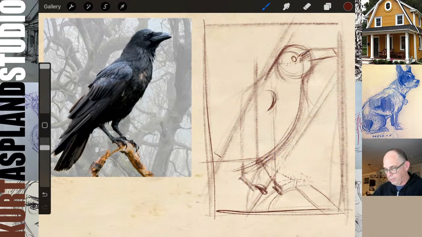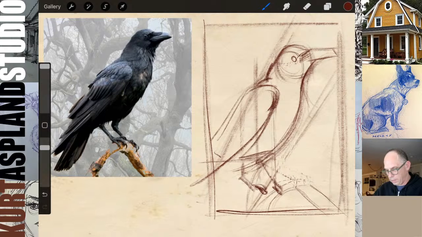So my wing's going to have to be a little bit larger. And I'm just kind of looking at the outline shape of the wing right now.